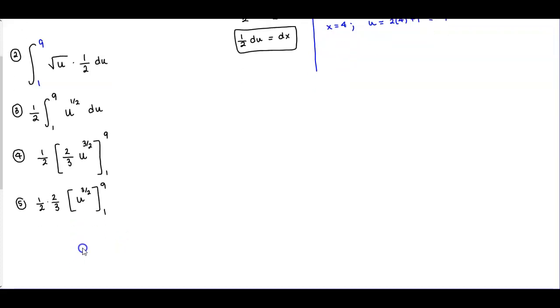Okay, so let's go ahead and do that. So we have 1/2 times 2/3, which is going to give us 1/3. And then we're now going to evaluate this. That means we're going to have 9, which is the upper limit, to the 3/2, minus 1 to the 3/2.